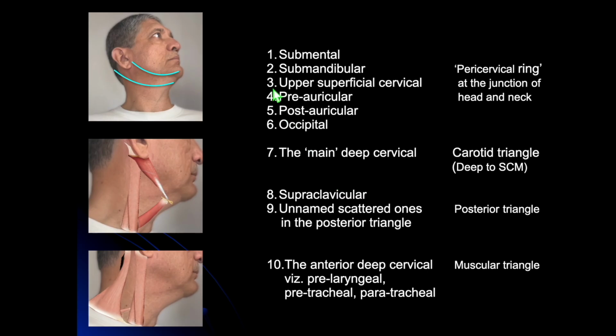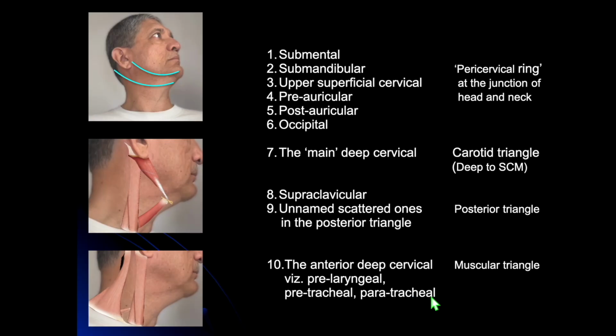Palpate them in a sequence: submental, submandibular, upper superficial cervical, preauricular, postauricular, occipital, deep cervical, supraclavicular, and unnamed scattered nodes in the posterior triangle. And in occasional cases, the anterior deep cervical group of nodes may have to be palpated, namely the prelaryngeal, pretracheal, and paratracheal.